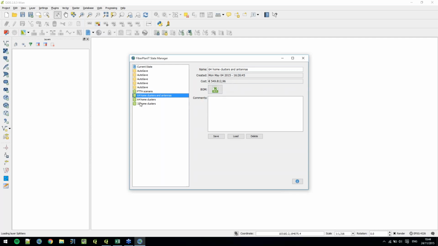Looking at the 32 home clusters, the total cost increases more because more new nodes will be needed, and more trenching will be needed for the fiber routes. And looking at the FTTH scenario, the costs will increase even more in the end.